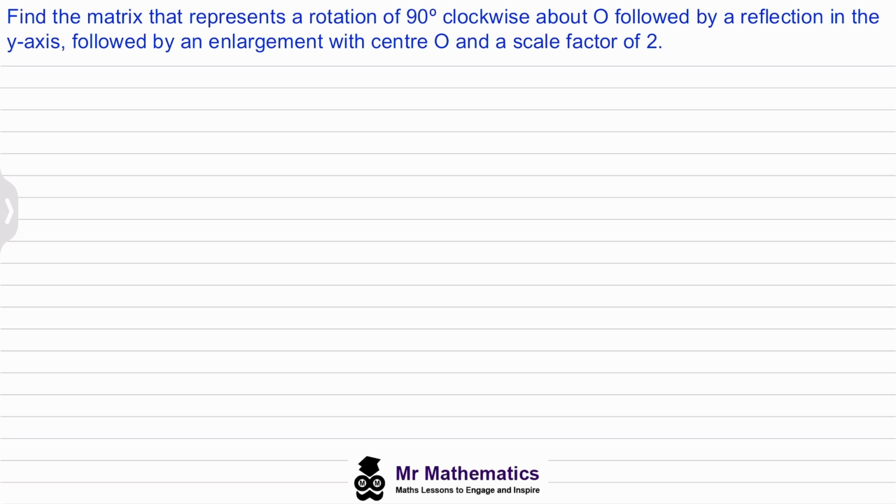Okay, so welcome back if you had a go. If we identify the 3 separate transformations, we've got a rotation of 90 degrees clockwise about the origin, a reflection in the y-axis, and an enlargement with center 0, scale factor of 2. And we need to work out each of these separately using the i and j unit-based vectors.